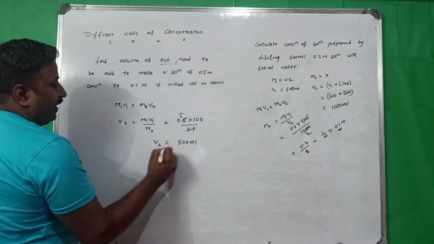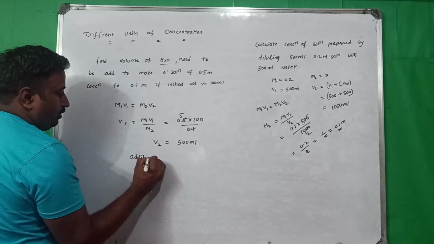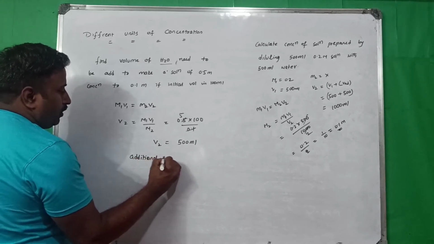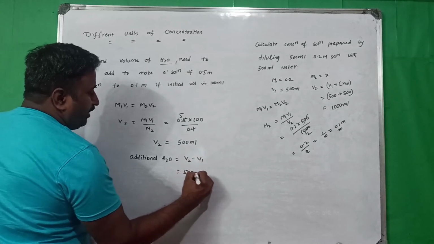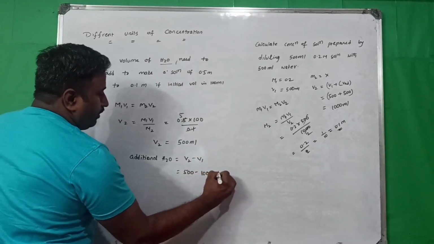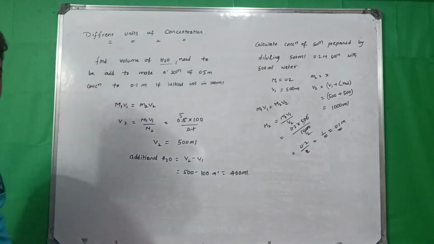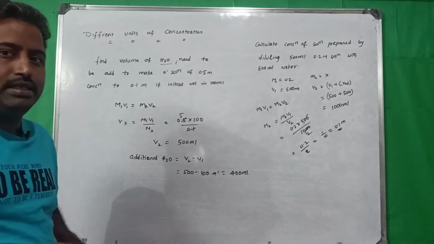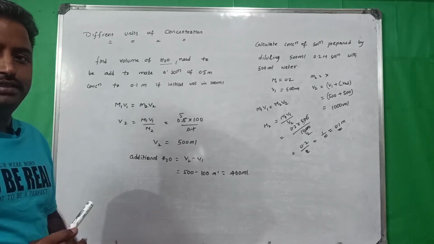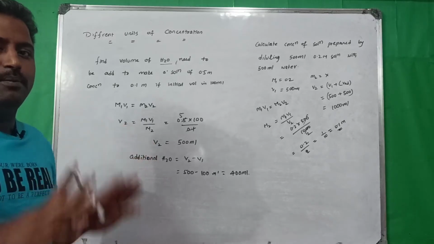So V2 is 500 ml. Then additional water, V2 minus V1, 500 minus 100 ml, that is 400 ml must be added additionally. Is that clear?